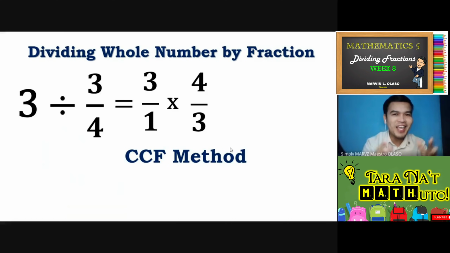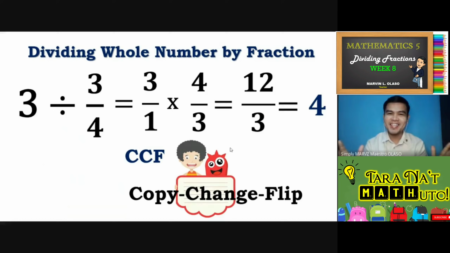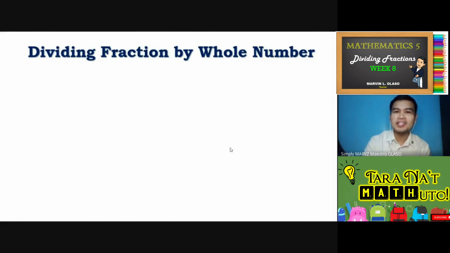You can use the cancellation or the long method. 3 times 4, 12. 1 times 3, 3. 12 divided by 3 is a whole number, walang remainder. The answer is 4. 3 divided by 3/4 is 4. Again, what method did we use? That's CCF, copy, change, and flip. All right, let's have another one.